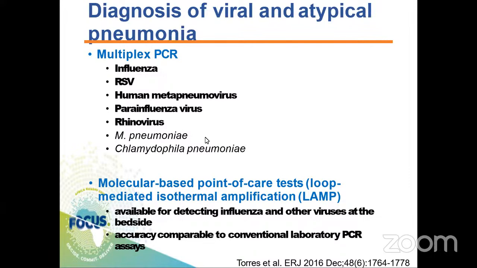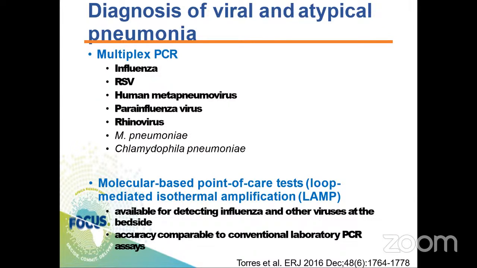And in this case, we're talking of Mycoplasma pneumoniae and also Chlamydophila pneumoniae, which in an ordinary case, for a specific lab to do that, you may need very specialized lab procedures to detect.